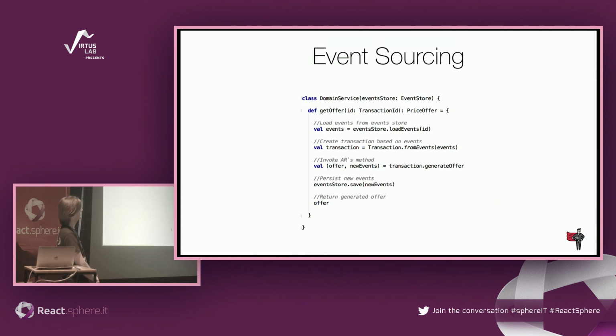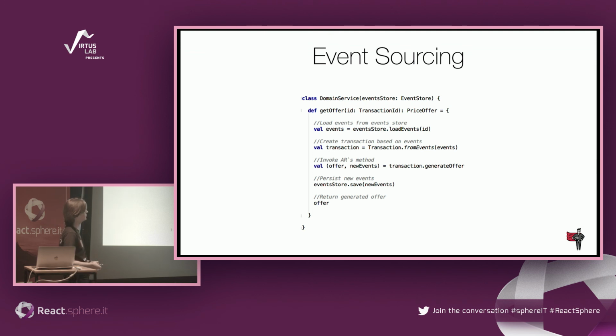So this is an example of event sourcing. So we have a domain service, we have a get offer over the aggregate root transaction. So it's just code which shows how it should work, but if you are using Akka, etc., it works in a totally different way. But what we are doing when we want to make some event sourced aggregate root, so we have the event store when we want to load the events for this transaction ID.